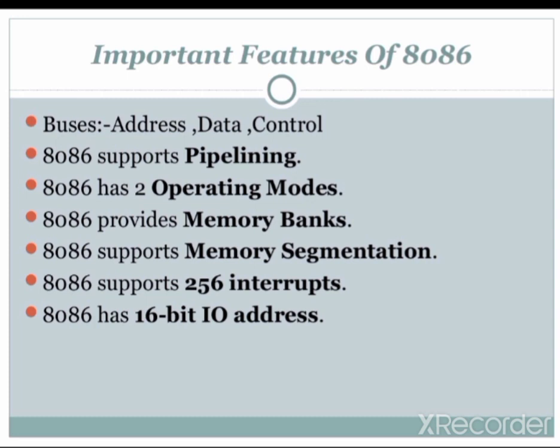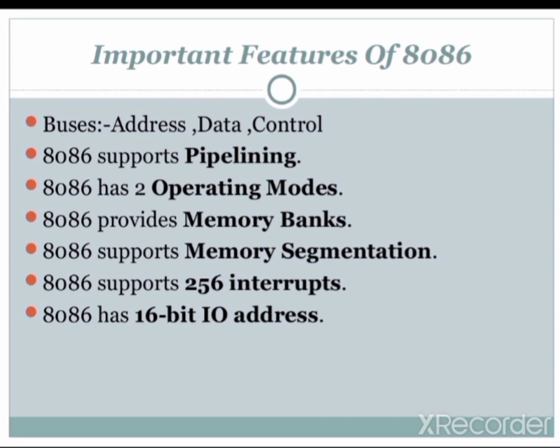Then 8086 generates a 16-bit input output address, so it can access a maximum of 64 kilobytes of input output devices. So as I said, according to address lines, the microprocessor is able to access memory, and according to data lines, it is able to access input output devices.